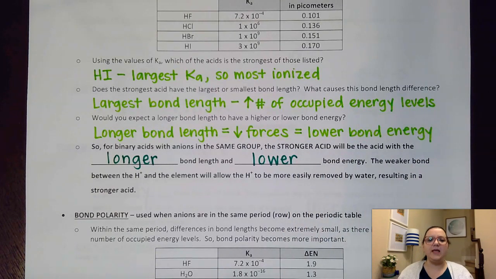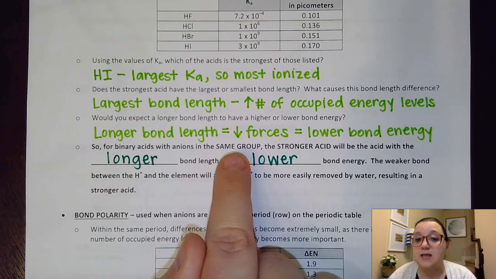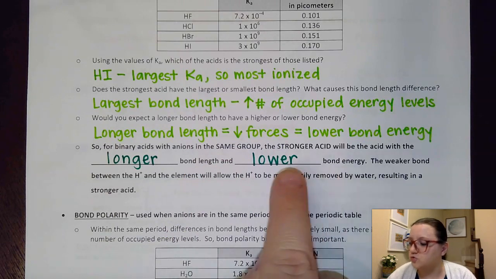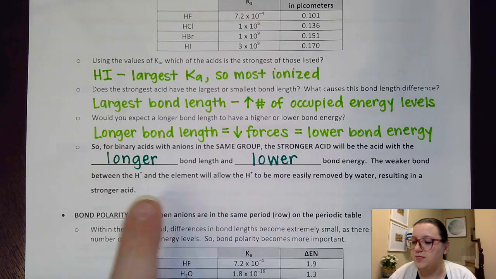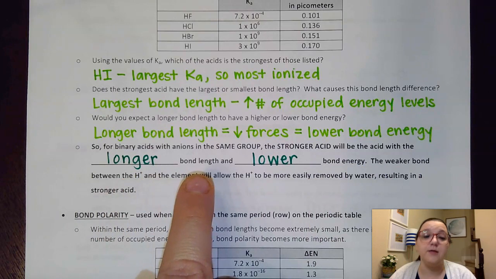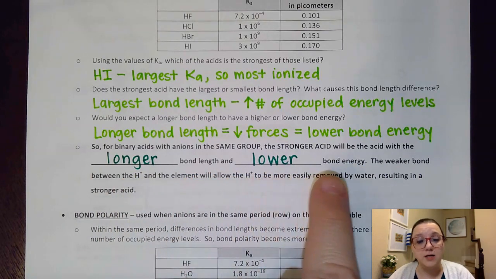So here's what basically happens. When I have binary acids with anions in the same group, the stronger acid will be the acid with the longer bond length and the lower bond energy.